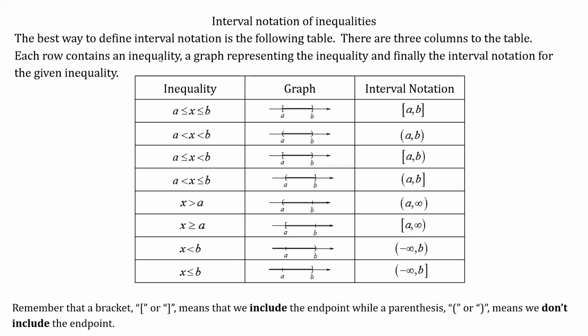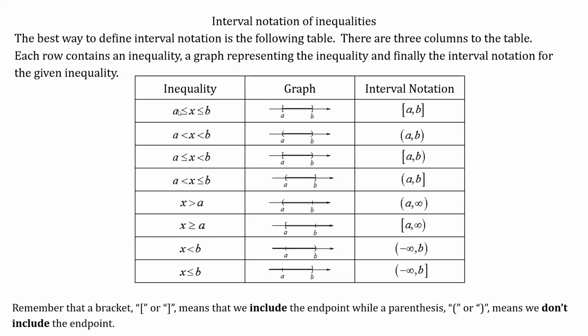The best way to define interval notation is the following table. There are 3 columns in the table. Each row contains an inequality, a graph representing the inequality, and finally the interval notation of the given inequality.